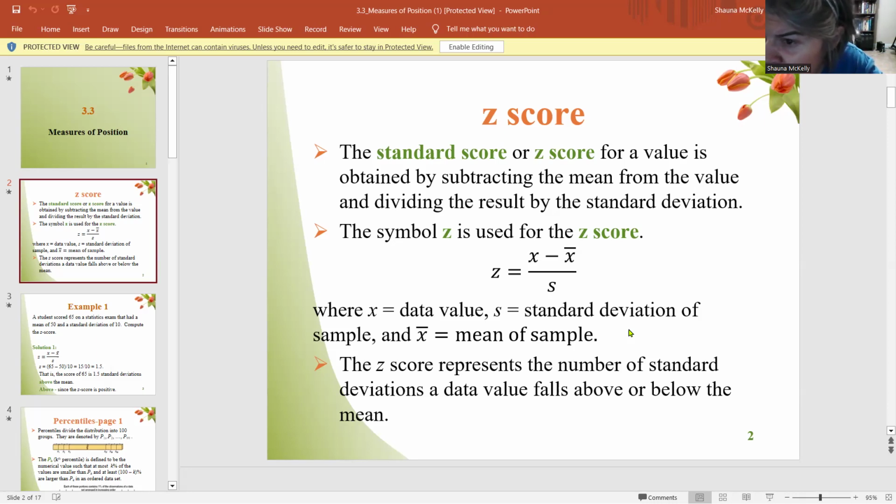If you know anything about special education or special populations, you'll hear about z-scores and what makes a z-score sort of expected and what doesn't. And we'll learn more about that in a couple of sections.